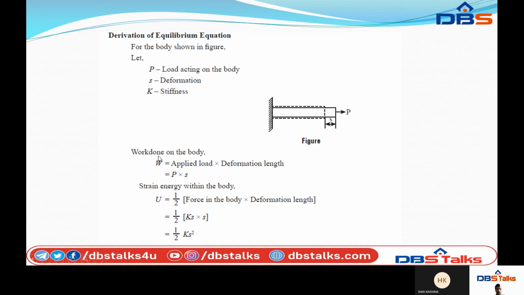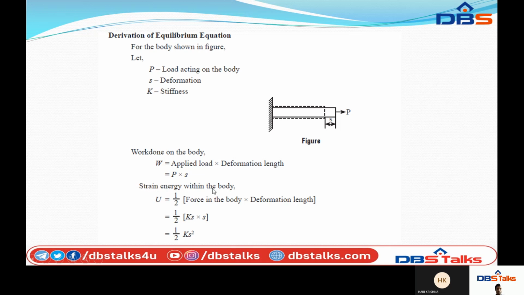Next, work done on the body. We already know that W denotes the work done due to external force. Work done is found by multiplying the applied load with the deformation length. The applied load is P on the pulling side, and the deformation length is S. Next, strain energy within the body.